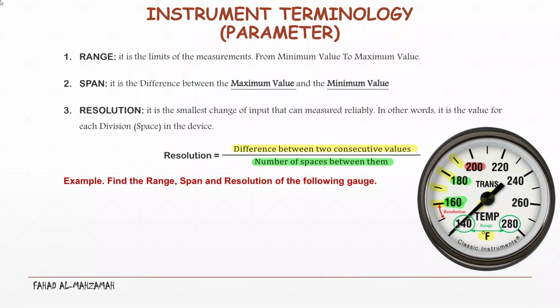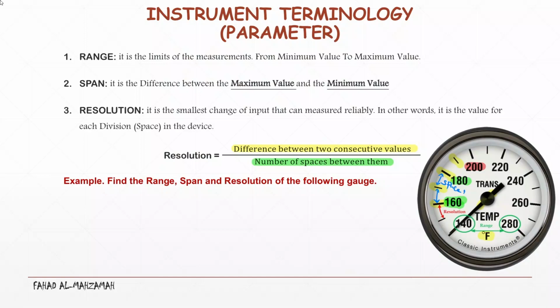It's easy. This is called a space, or division. So how many spaces between 160 and 180? This is space 1 and this is space 2. So we have two spaces between 160 and 180.